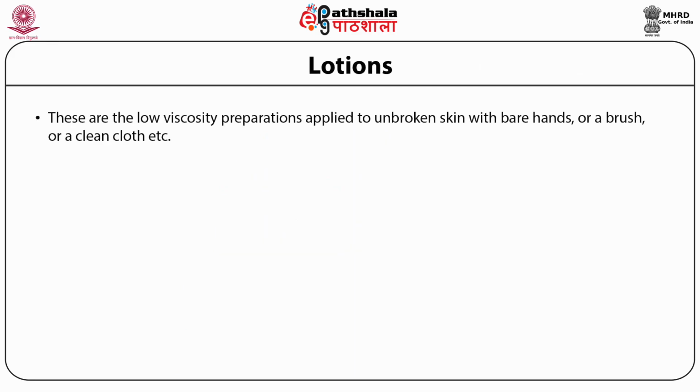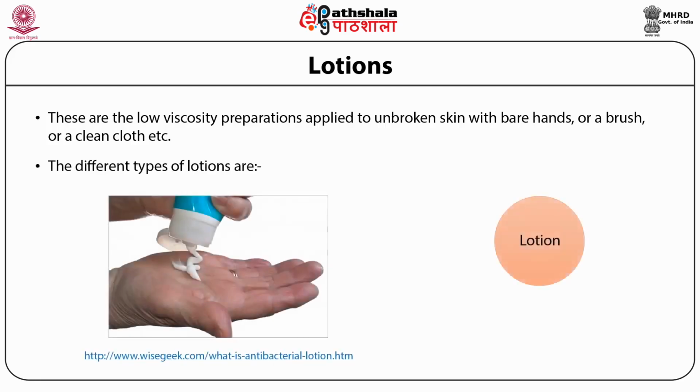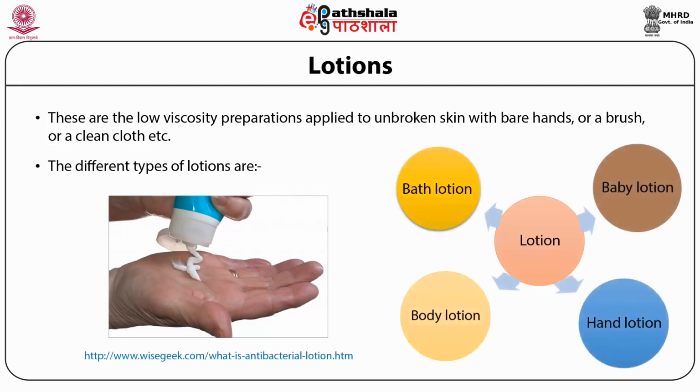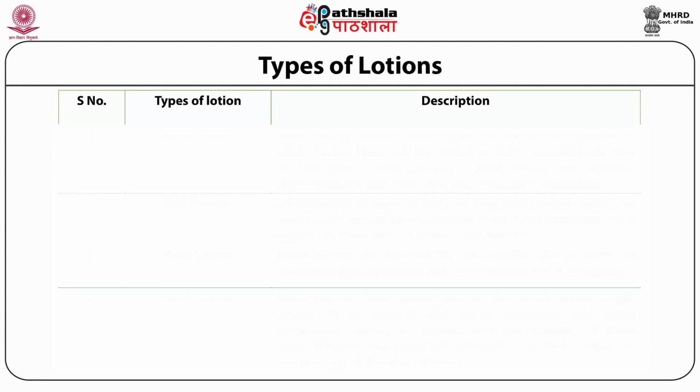Lotions. These are low viscosity preparations which are applied to the unbroken skin with bare hands or a brush or a clean cloth, etc. These are intended to provide smoothness to the skin, to moisturize it, and to soften it. The different types of lotions can either be bath lotion, baby lotion, hand lotion, or the body lotion. The different types of lotions are described in this slide.